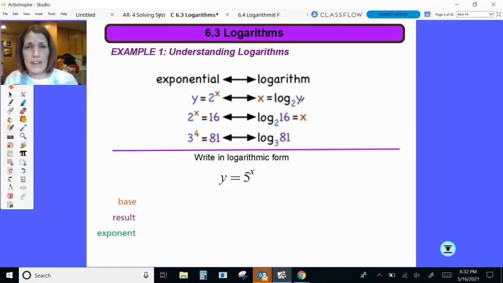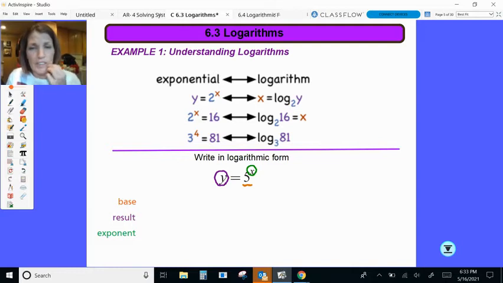So we're going to learn how to go back and forth between a logarithm and an exponential function. So first what I want to do is identify my base. My base here in this case is 5, my result here is my y, and my exponent here is, of course, my x.